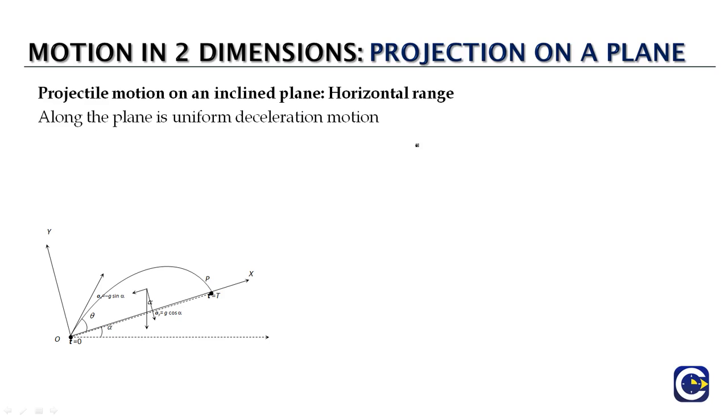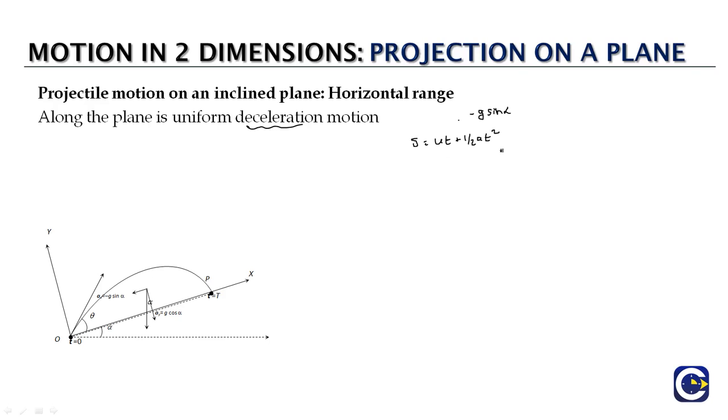Now looking at the horizontal range, as we were just talking a little bit before, the projectile while it is moving along the plane is getting decelerated, and the value of deceleration will be minus g sin alpha. Now we'll look at the 1D motion equation, s is equal to ut plus half at square.